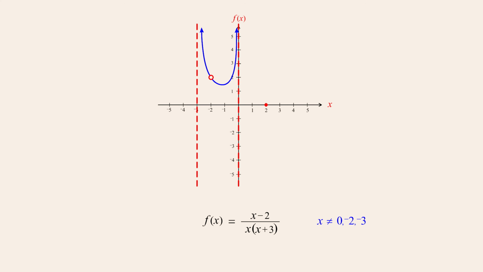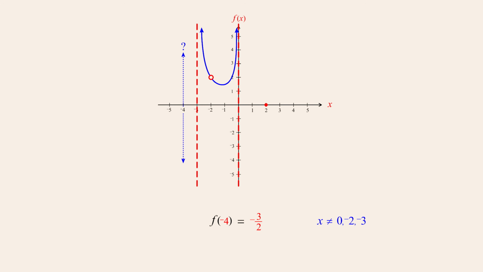Next, to estimate the shape of the graph left of the asymptote x equals -3, we will calculate the function's value when x is -4. So setting the value of x to -4, we see that when x is -4, the function's value is -3/2.